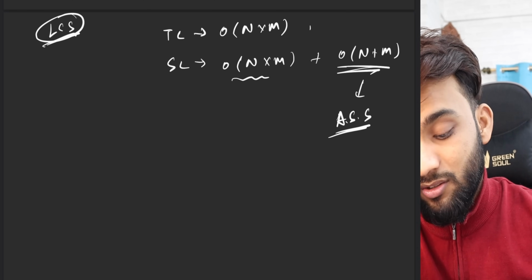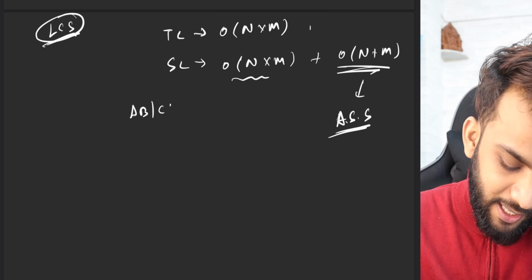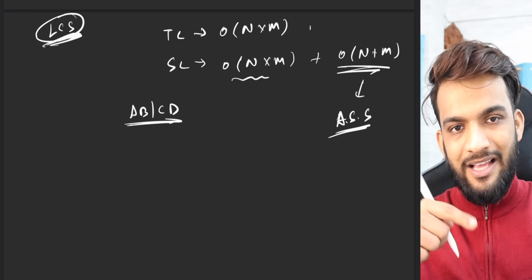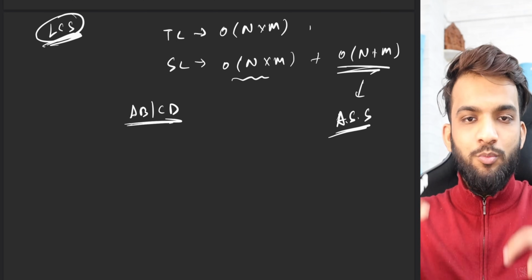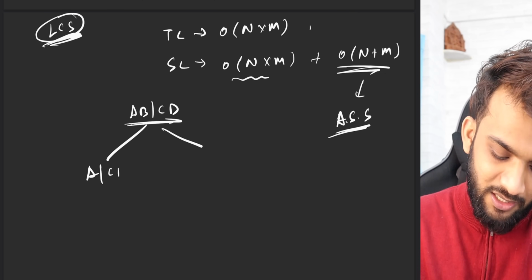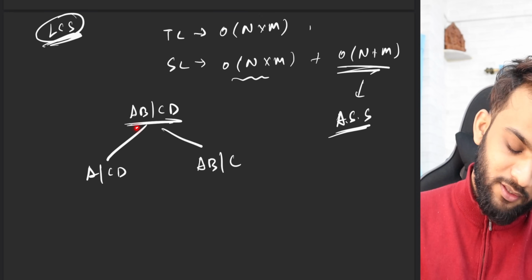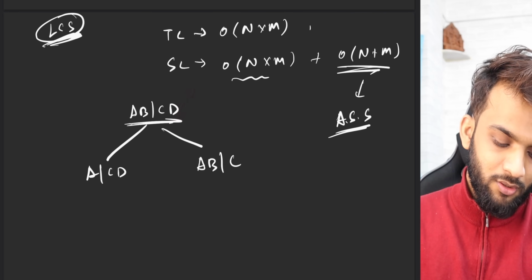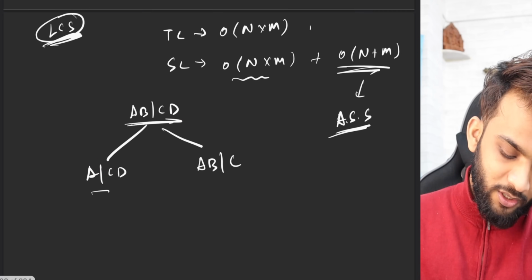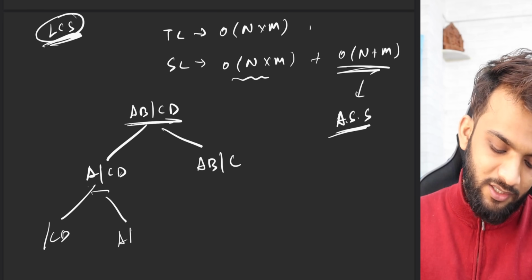Now you might ask, why n plus m? I'll give you an example, ab and cd. I'll ask you to draw the recursion tree for LCS. If you remember, in match it was 1 plus, and in unmatch you moved in 2 directions. So this is unmatched, so you move in 2 directions, which is a by cd, and the other one is ab by c. Very obvious, because you either eliminate this or you eliminate this. Again, over here you move in 2 directions because they do not match. So you either eliminate a, which makes it cd, or you eliminate d, which makes it a by c.